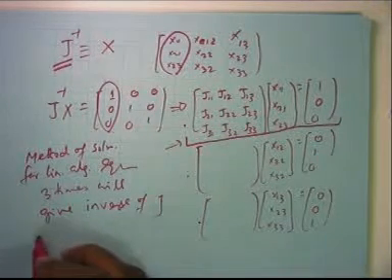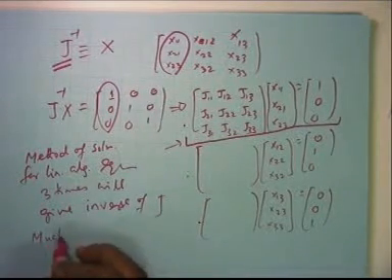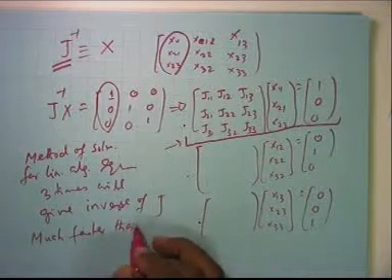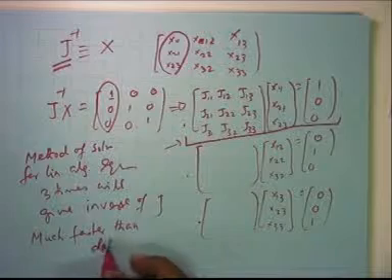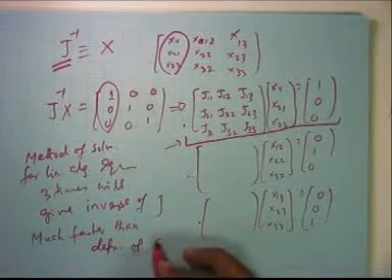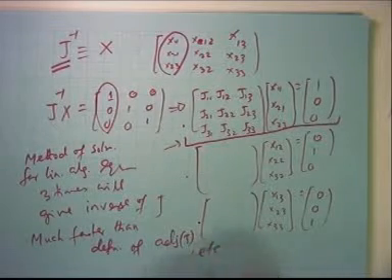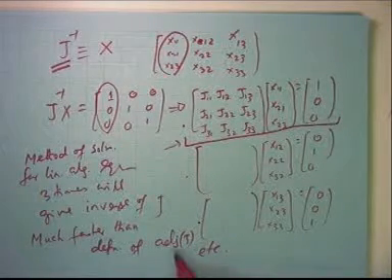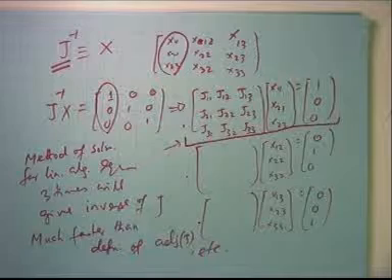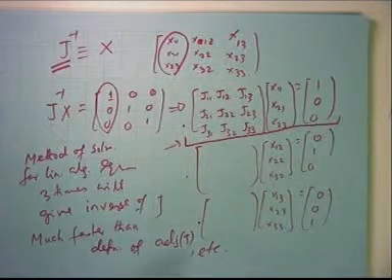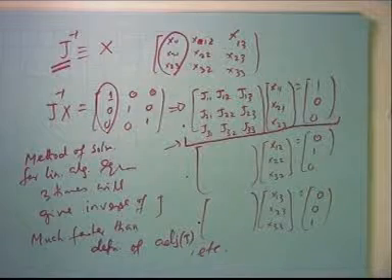This is much cheaper, much faster than the definition of adjoint etc. Because J inverse is adjoint over determinant, and this will be much faster than these adjoint definitions.